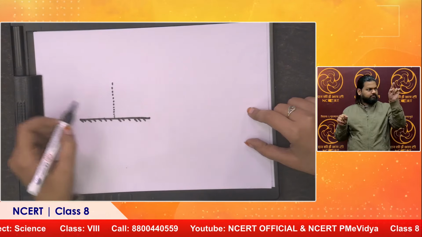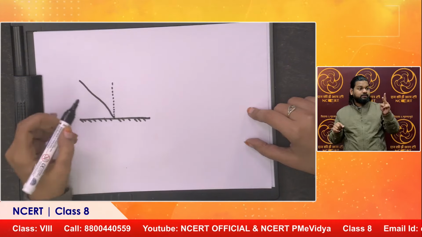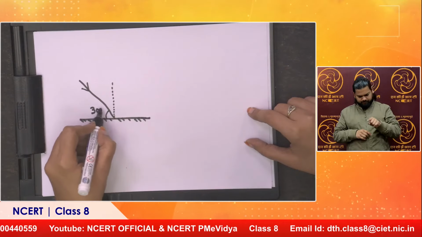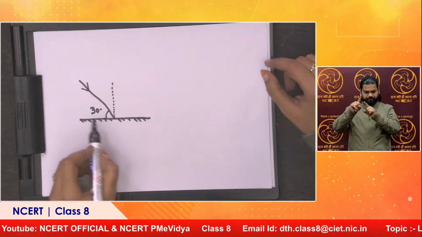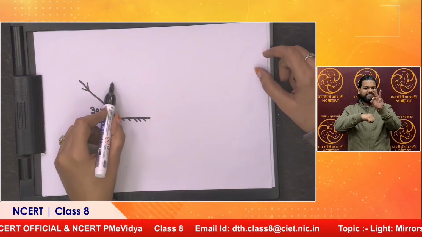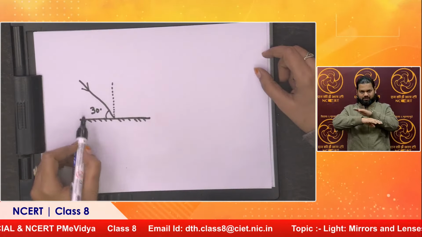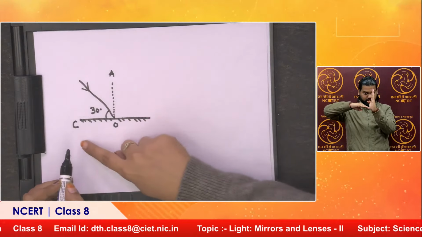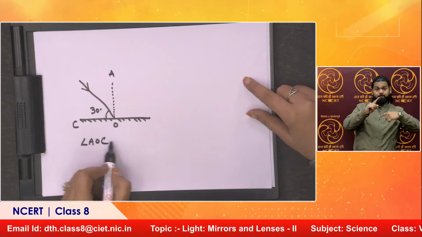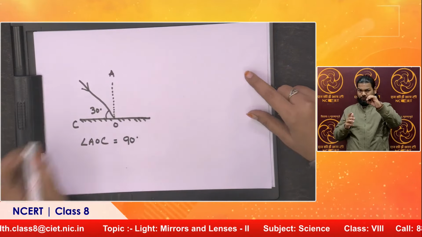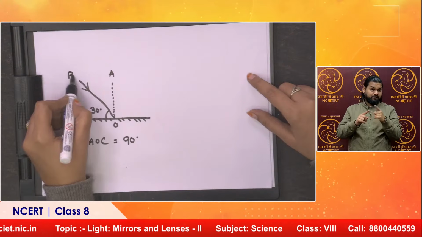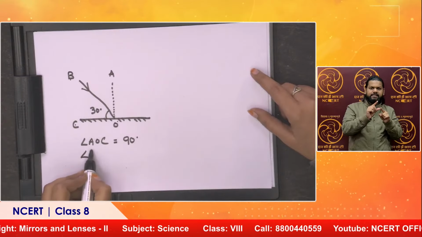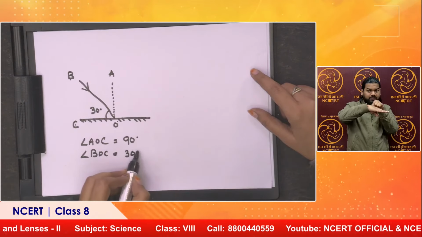This is the normal ray, and in the question it is given that this angle formed is 30 degrees. Now, we have learned that the normal is perpendicular to the plane. If I name the points, it will be easy to understand. Angle AOC is how much? That's 90 degrees. And if I mark it as B, angle BOC is how much? 30 degrees.